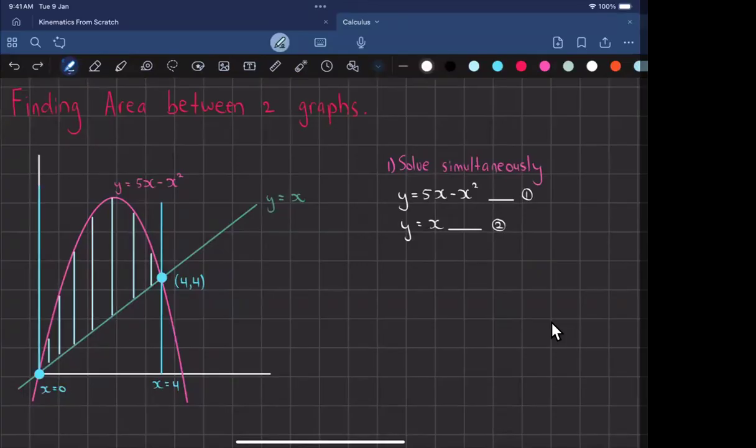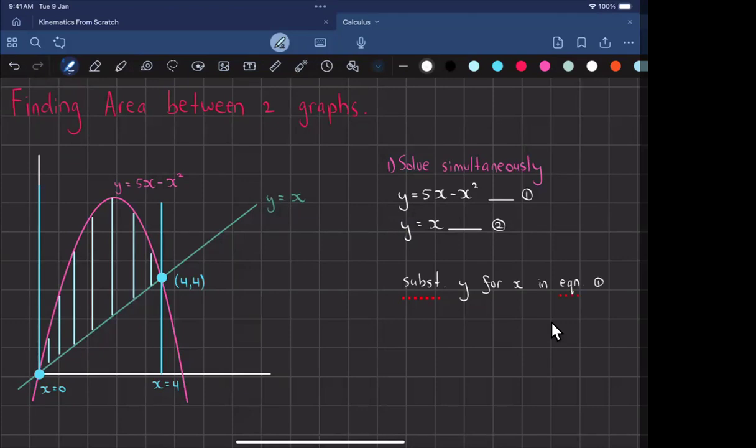Substitute y for x in equation 1. Yeah, that's correct.